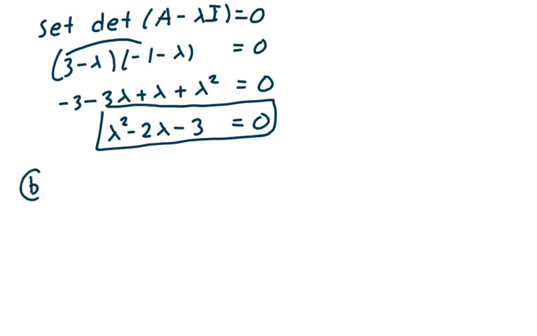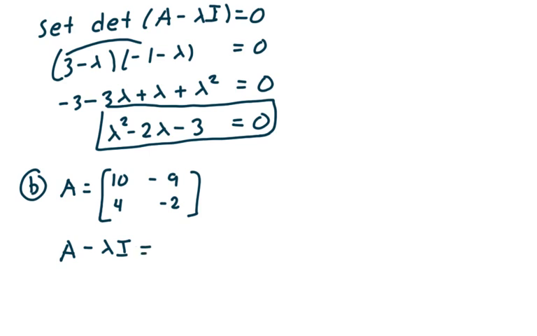Let's take a look at part B. Suppose A is the matrix [10, -9; 4, -2]. And so A minus lambda I is going to be the matrix 10 minus lambda. Let's slow down. Let's do it this way.